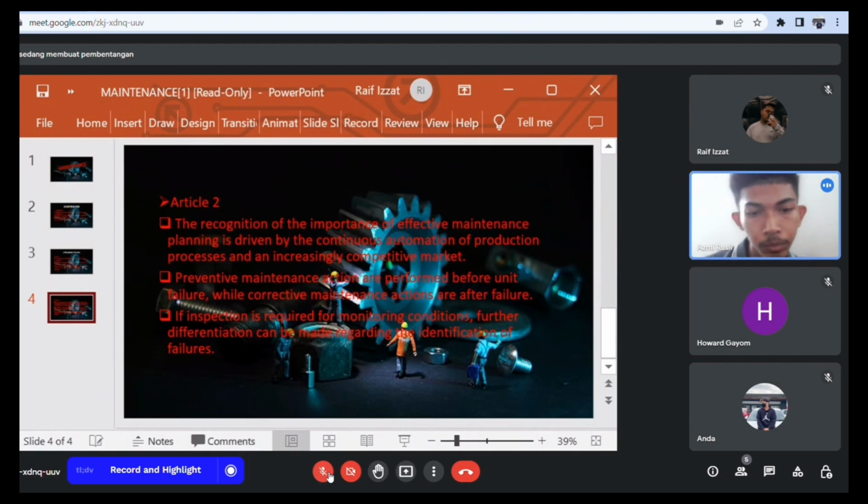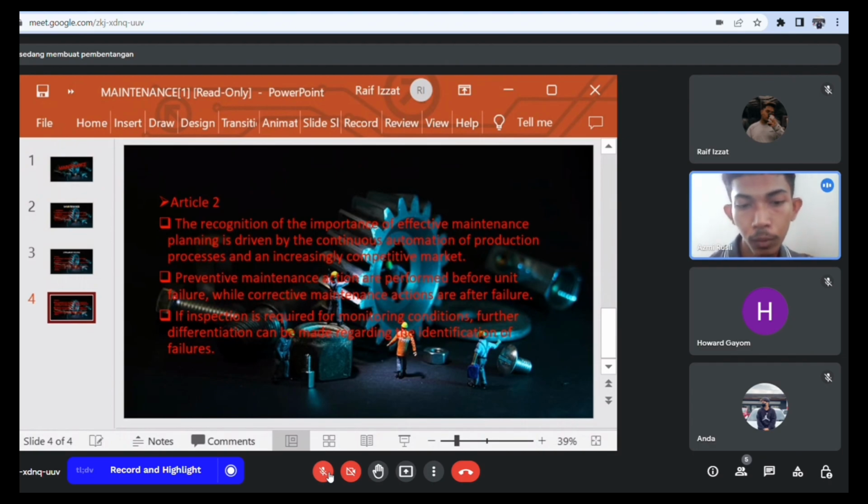Second, regarding maintenance action, the difference between preventive and corrective maintenance action. Preventive maintenance actions are performed before unit failure, while corrective maintenance actions are after failure. Preventive maintenance action should be planned.